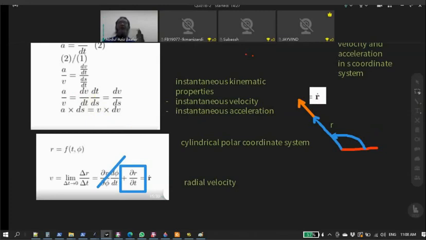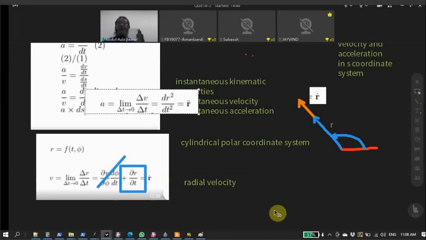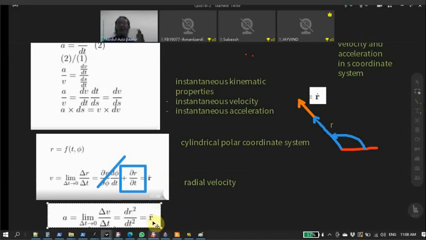And then what about the accelerations, right? I just consider the r direction first. So for the radial component of accelerations, there is another term there that says there will be the second derivative of r, right?